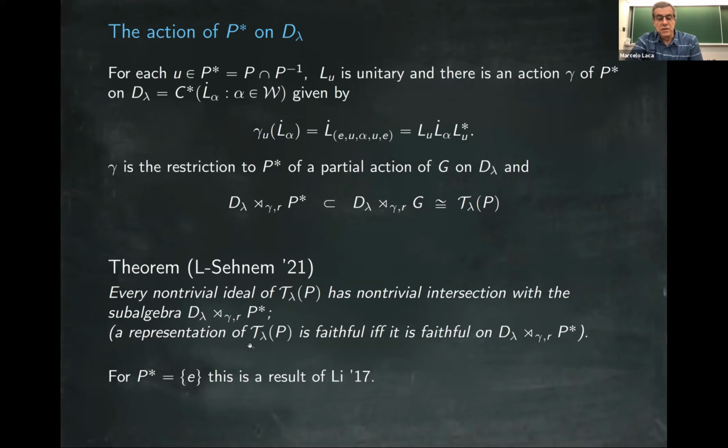In other words, a representation of T lambda is faithful if and only if it's faithful on the subalgebra D lambda cross product by P star.